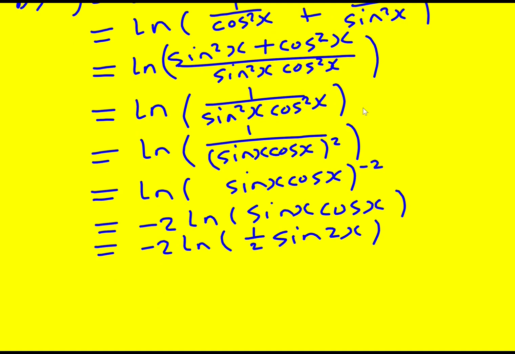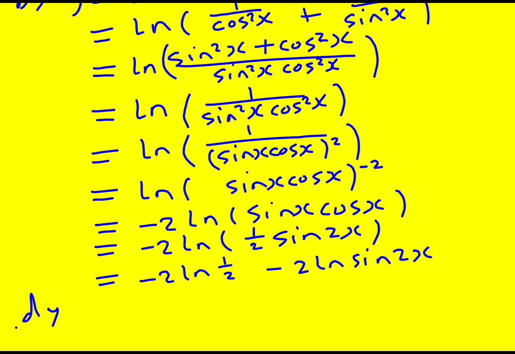Now I'm going to use the first rule of logs, since we're multiplying inside the log, so we can add them. So it's going to be minus 2 ln a half minus 2 ln sine 2x.